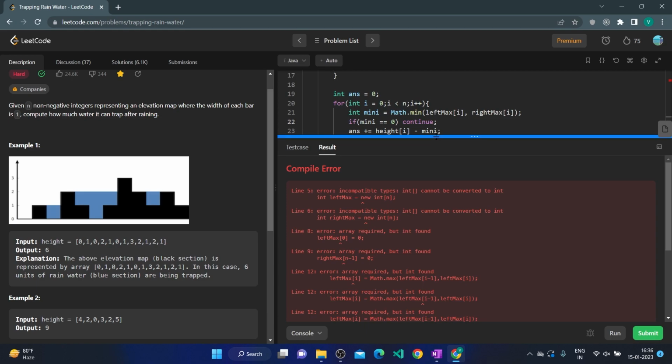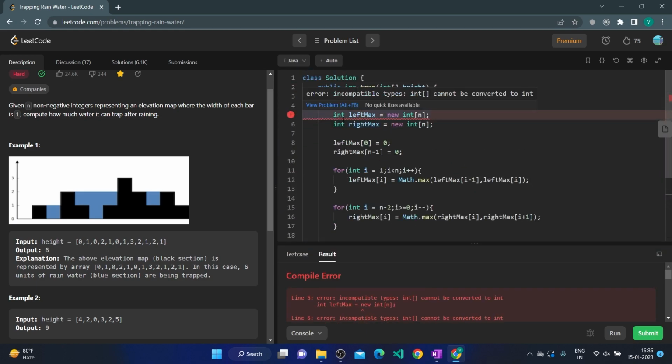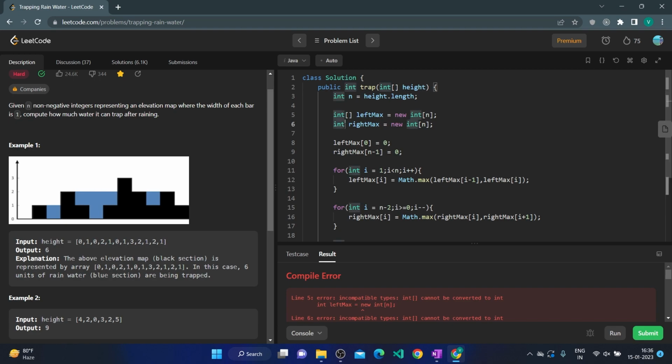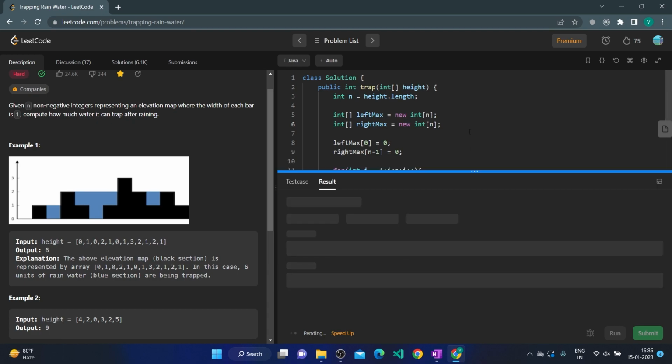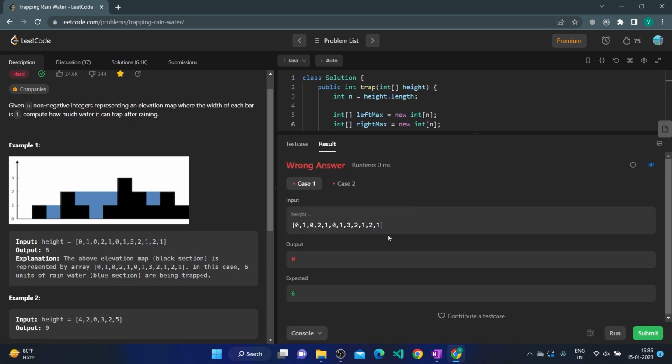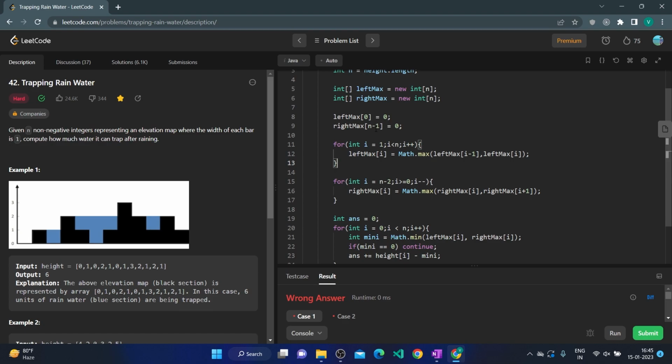So what's the error here? Yeah, it should be int array because we are defining arrays, right? Okay, so what's the problem here? Okay, so here it would be height of i-1 and left max of i-1, because what we are doing is for every element we are checking if the left max, which is for the previous element, is still the greatest to the left of the current element, or if the previous element was greater.